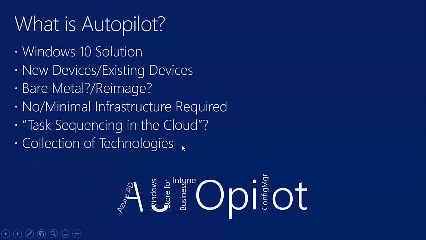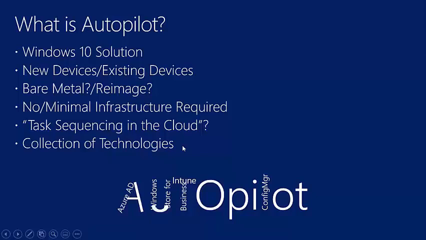So what is Autopilot? Well, Autopilot is a Windows 10 solution. So everything we're talking about here is Windows 10 in scope. Autopilot is a solution focused on simplifying the process of preparing Windows 10 PCs for use in a production environment.